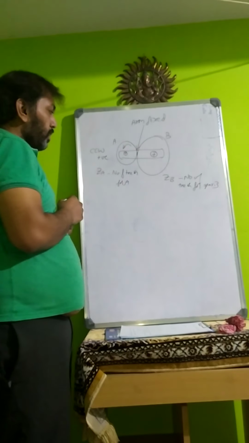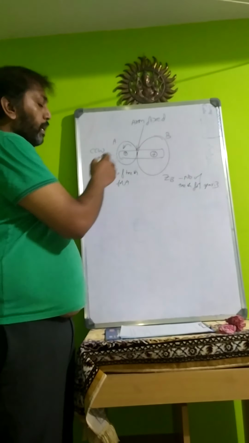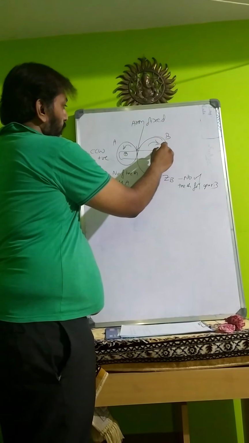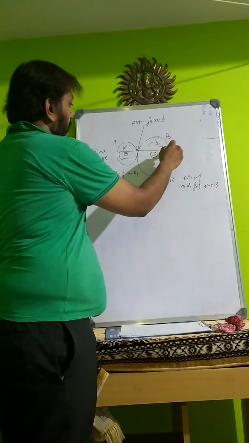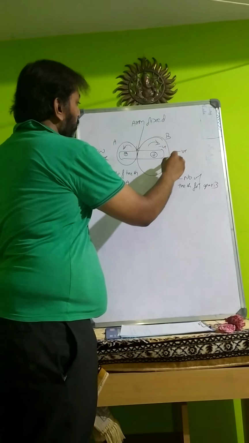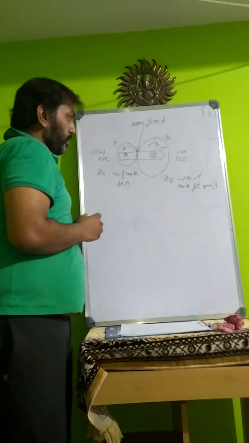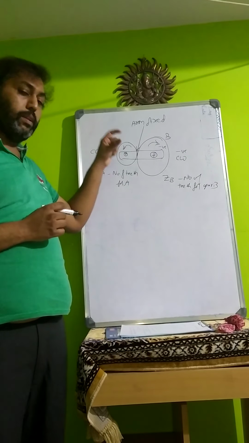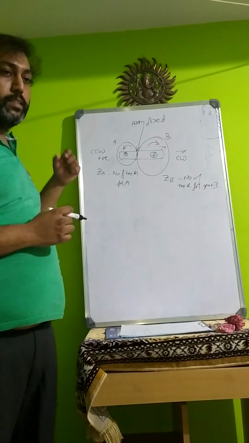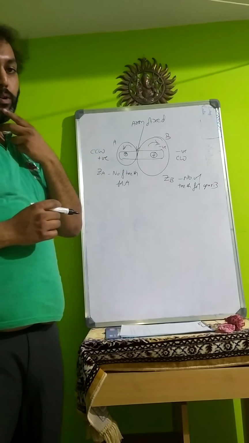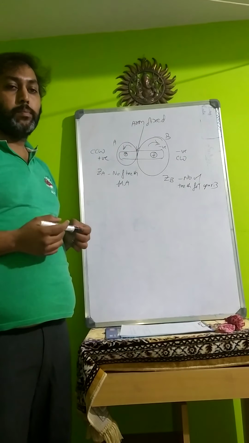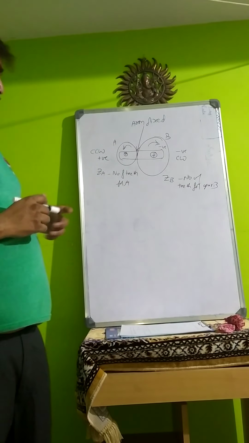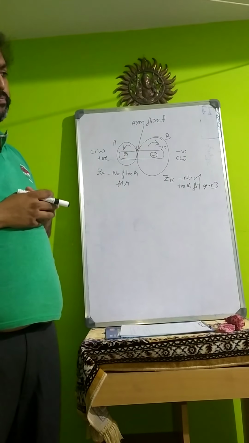Because of this rotation of gear A, gear B will rotate in the clockwise direction, which is taken as negative. This is the convention we are going to follow: gear A anti-clockwise is positive, and gear B clockwise is negative.